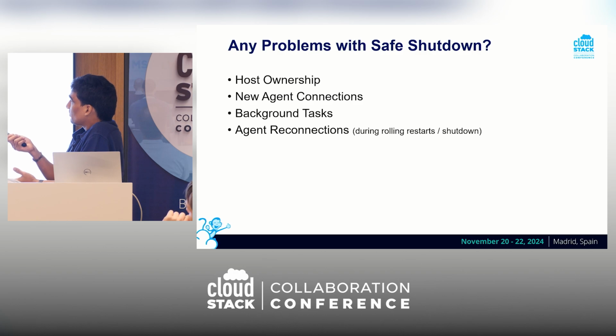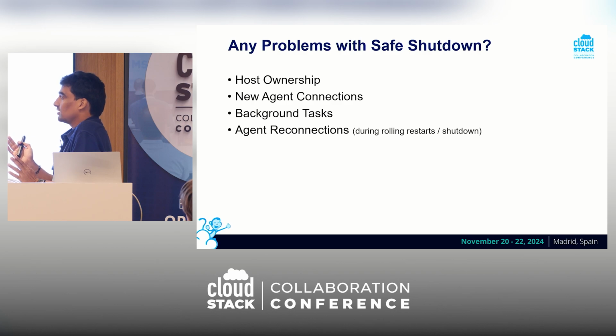Similarly, when we trigger a shutdown, say I have 1000 hosts connected to my management server which is ready to shut down. When I trigger a shutdown, all the 1000 agent connections will be reconnected to the other available management servers.